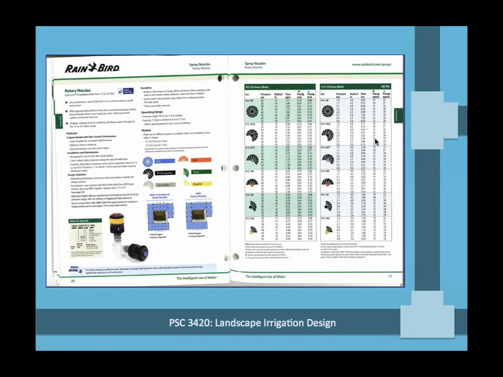So what I did was I just literally looked through the catalog and started paying very close attention to radius of throw, which will be listed among the features for the various sprinklers that the company has.